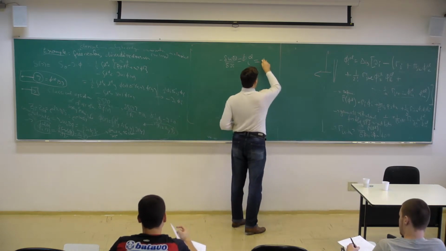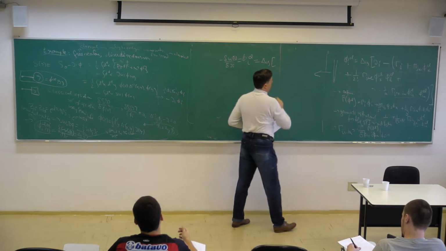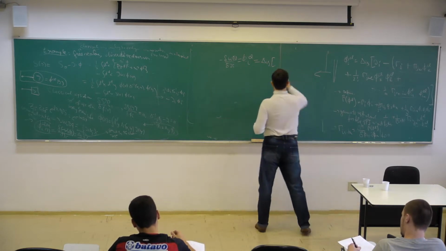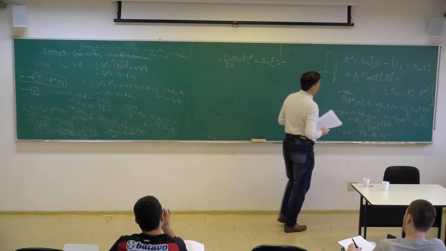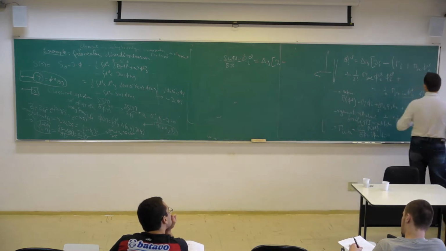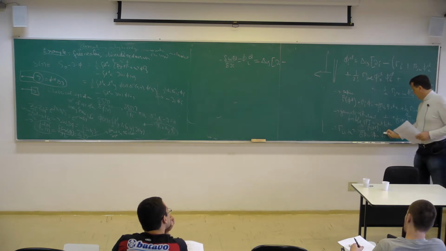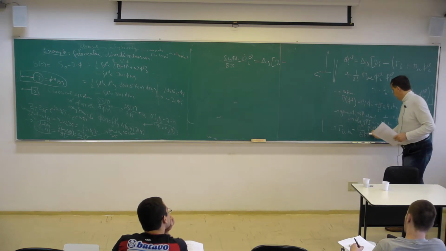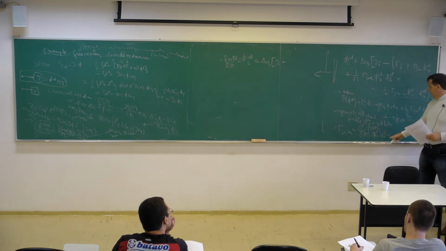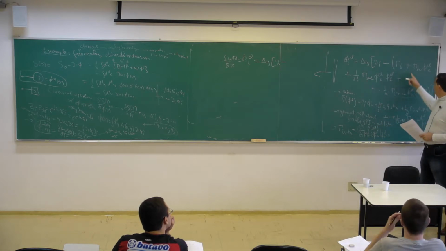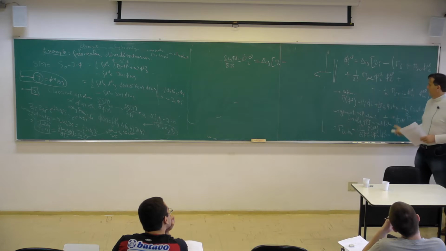This is delta ij, and then ji. And here, as we said, this is the full 1-point function for non-zero phi. If I don't put phi equal to 0, then for the 1-point function I get all of this, right?